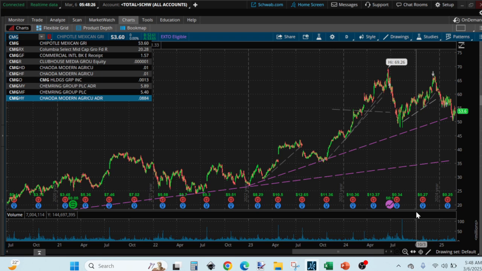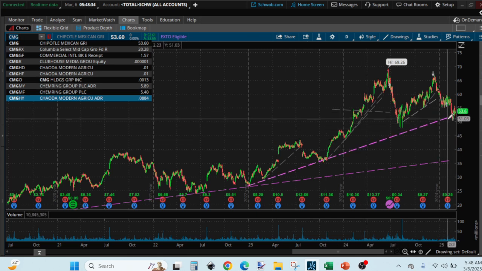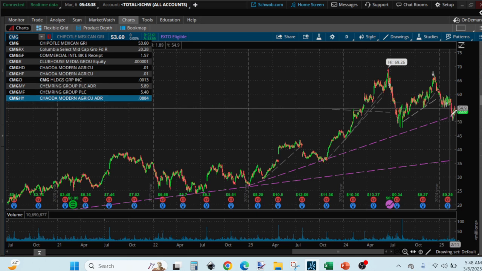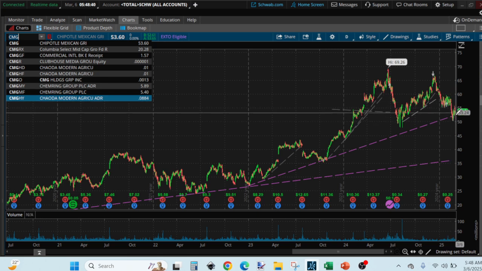So the market closed, it has not opened yet on the 6th, and we are analyzing the stock. So CMG, we have this trend line to buy at, and we bought a little bit higher up. It pulled back to it and pretty much started going up from there. Yesterday the price went up.